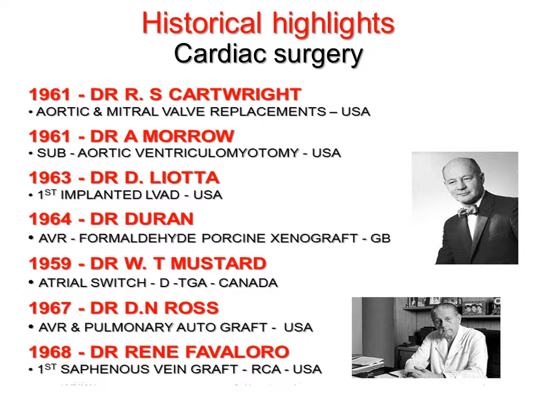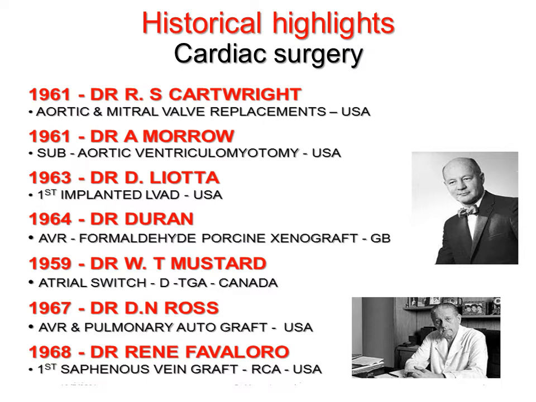In 1959, Dr. Mustard came up with the Mustard procedure, which is an atrial switch using a baffle for dextrotransposition of the great arteries. He was Canadian. In 1967, Dr. Ross, a different Dr. Ross, did an aortic valve replacement with a pulmonary autograft.